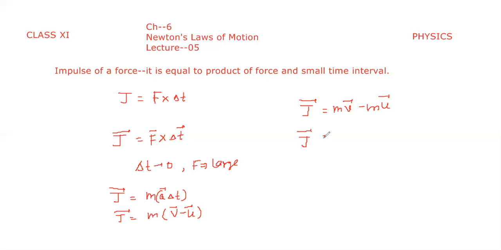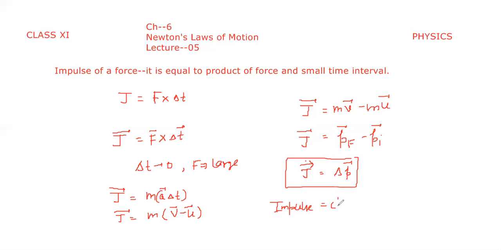So J vector is P final minus P initial. So J vector equals delta P, or we can say impulse equals change in momentum.